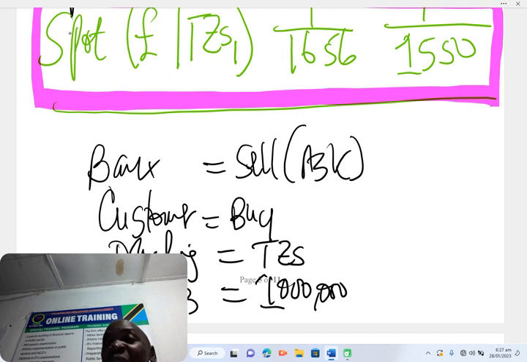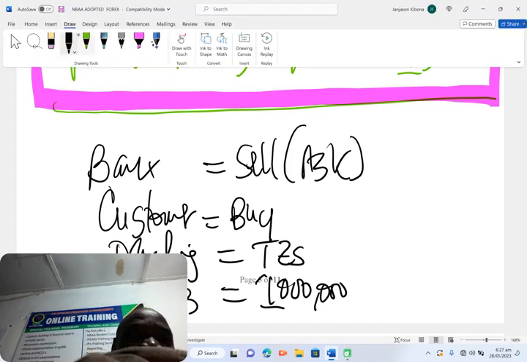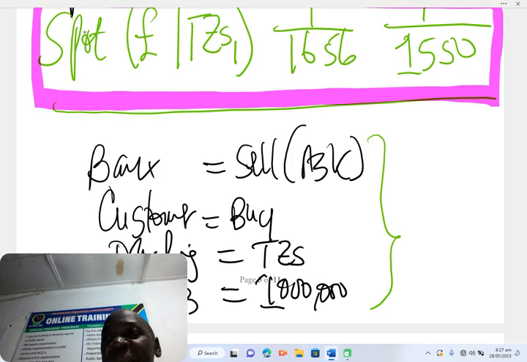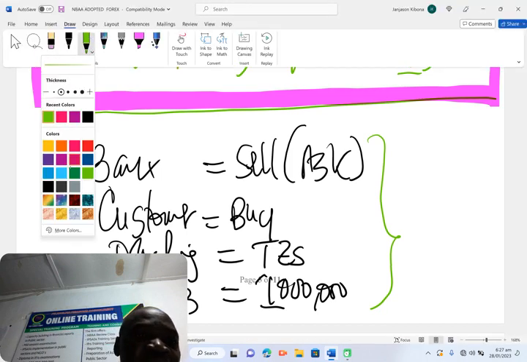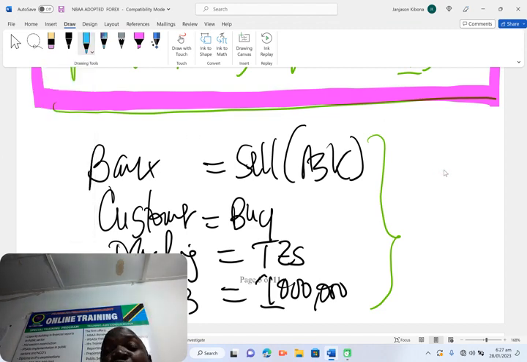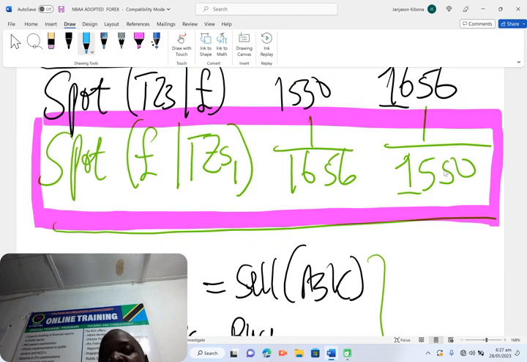Do you see? Now you arrange for which rates you are going to use. So, you move to your quotation, you find a place where Tanzanian is being traded.